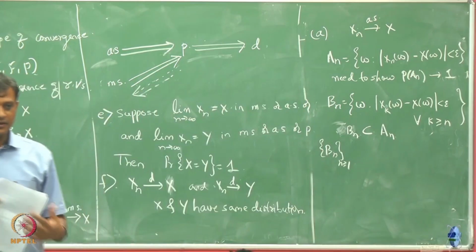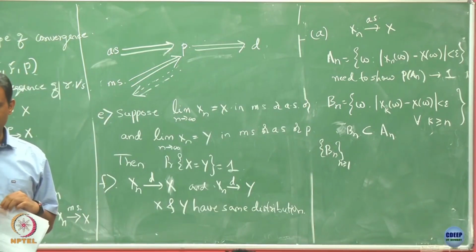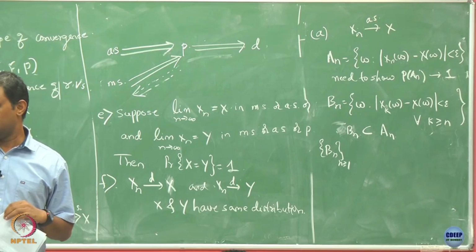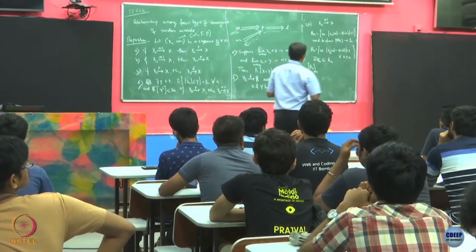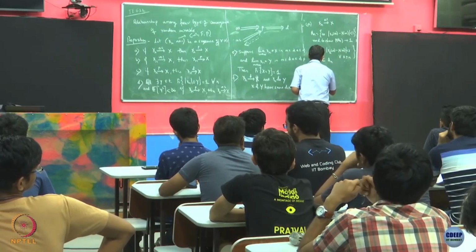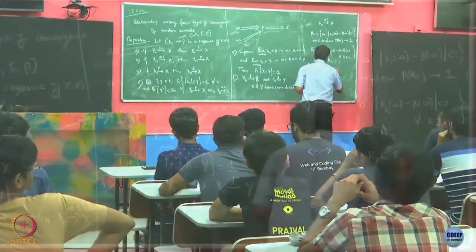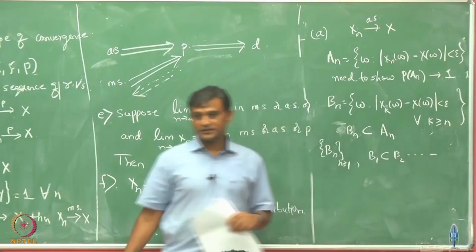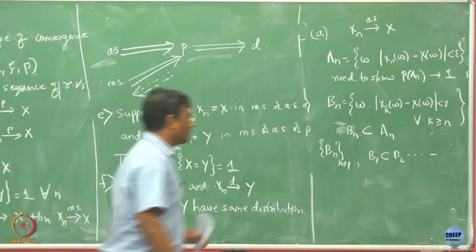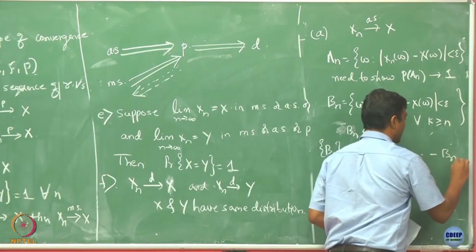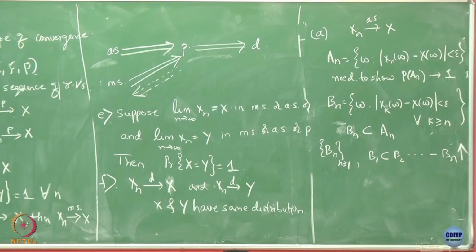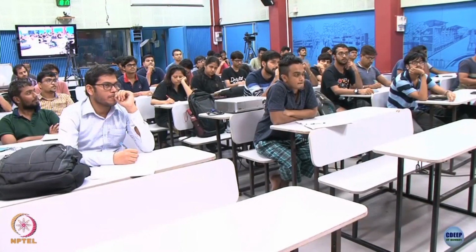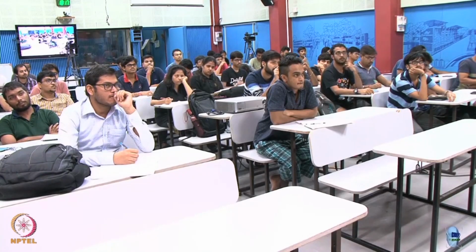So it should be an increasing function, because as n increases I only want a smaller number of conditions to be satisfied. So I will have B1 contained in B2 and so on, or Bn is an increasing sequence. Again, we are saying that this condition should be satisfied for all k greater than or equal to n, and An should be satisfied for only n.